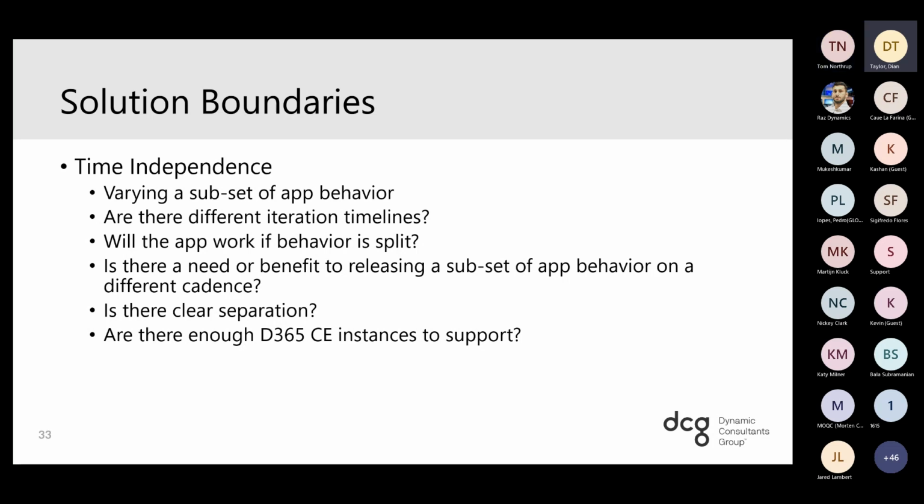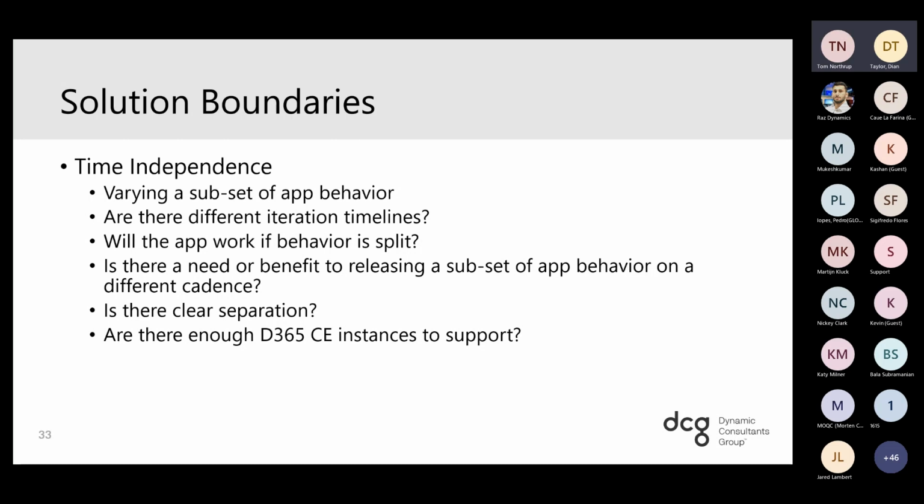And time independence is important. Are there different iteration timelines? So can you deploy these changes all together? Or will some changes be ready before others? And therefore, you should separate, typically I'll separate solutions by almost functional area, because maybe I'll finish account management before I finish case management.